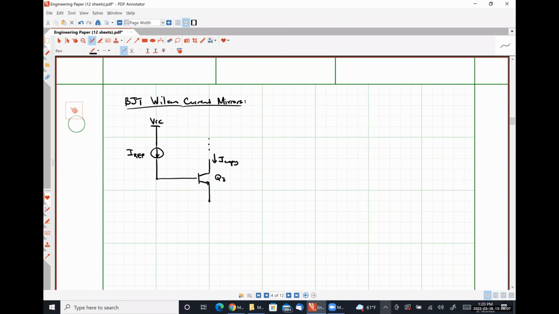Down below this, we have a current mirror. Call this guy Q2. But we don't have quite the situation that we would expect.